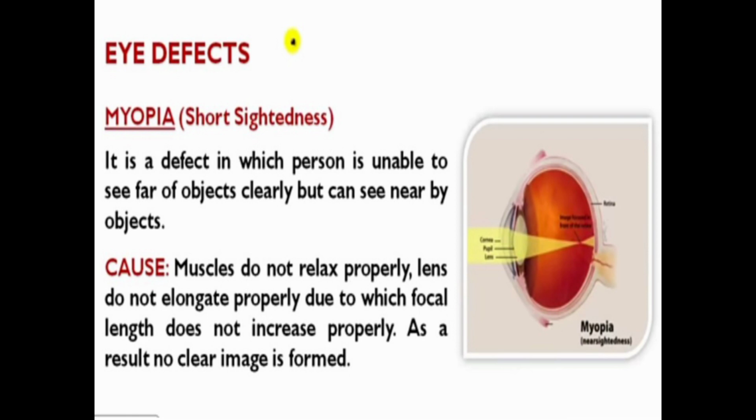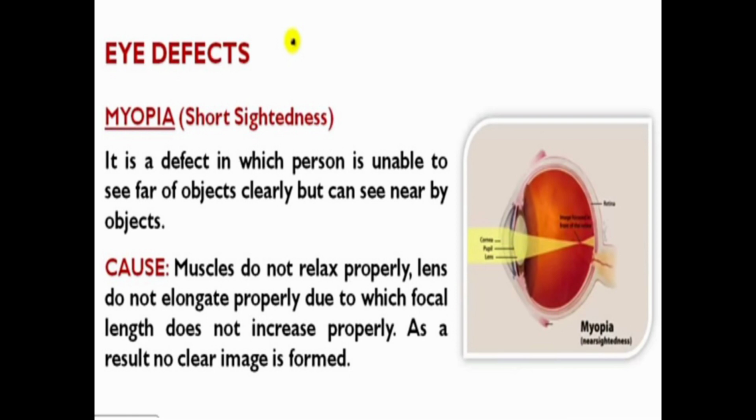So what is the cause? Why is myopia caused? What is the reason behind that? The ciliary muscles do not relax properly. As we studied in the accommodation of the eye, to see far off objects, the relaxation of the muscles should be proper. The ciliary muscles should relax properly, so that the lens will elongate properly.